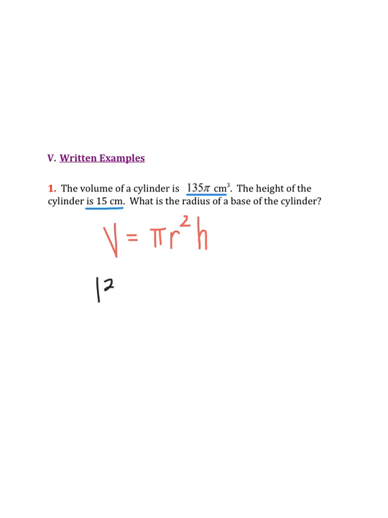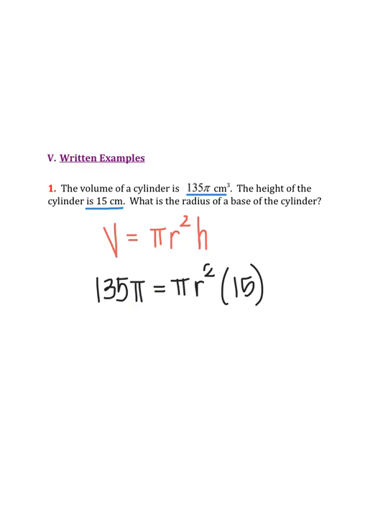So my volume is 135 pi, and I think I just misspoke a minute ago. I meant to say that I was given my volume, not the radius. So 135 pi is equal to pi times radius squared, and I know that my height is 15.